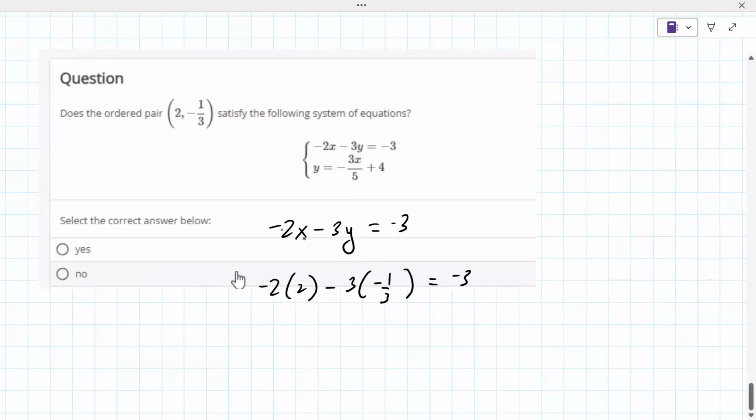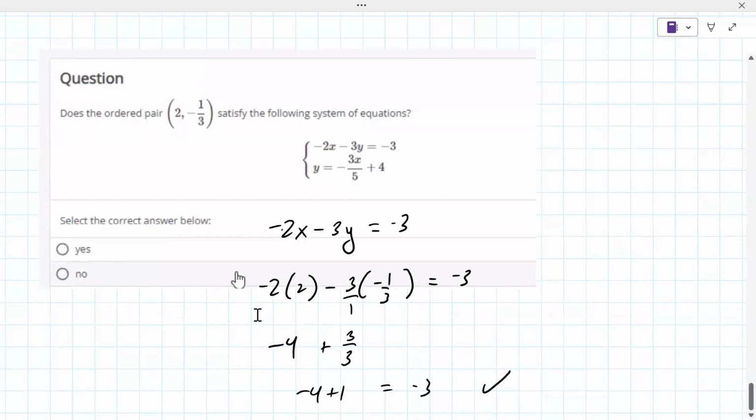Does that equal minus 3? So negative 2 times 2 is negative 4. The negative 3 times negative 1/3 ends up being plus 3 over 3, which is negative 4 plus 1. So that one worked. That one ends up being okay. Do you agree with that?